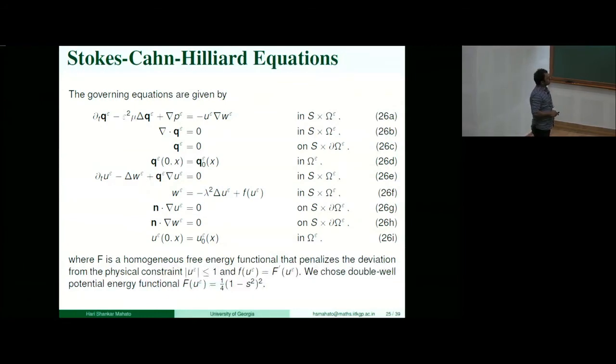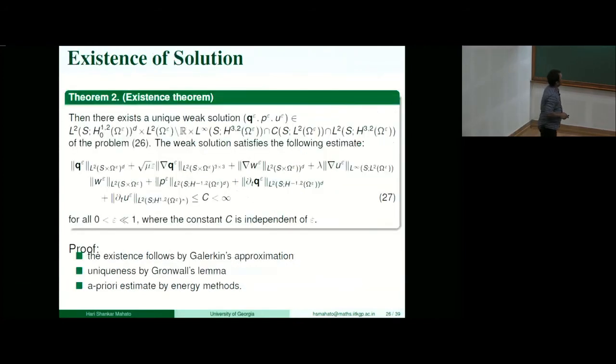Now this is the model at the microscopic level, and again we used the classical theory from evolution equations to show the existence of a solution, and uniqueness by Gronwall's lemma. Then we use energy estimates, the energy method, to obtain the a priori estimate. These are also very classical results, so it wasn't that difficult to obtain these a priori estimates.